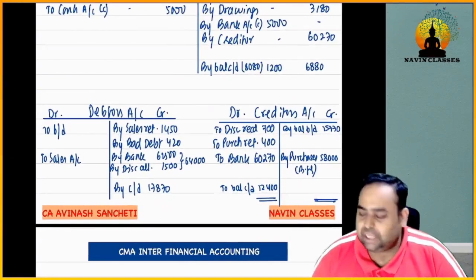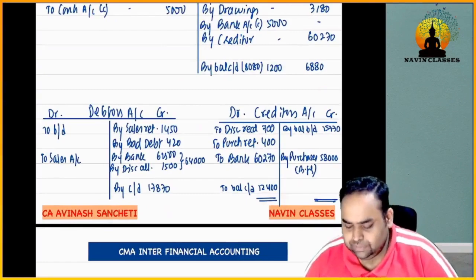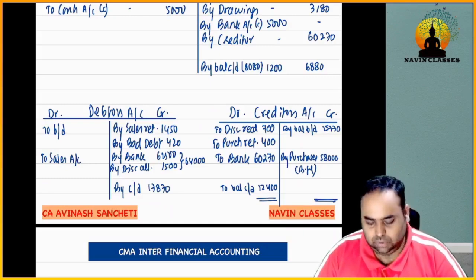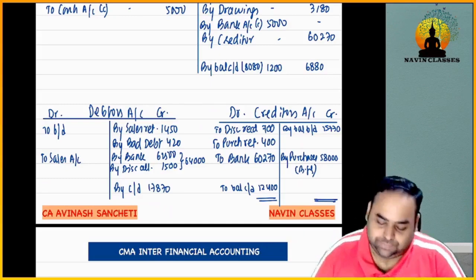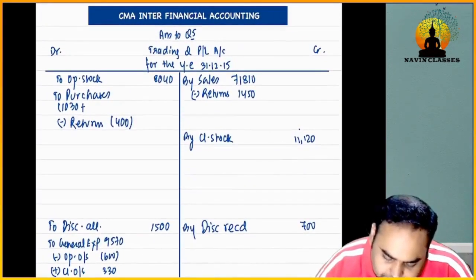Can any student confirm whether the purchases came out to be 58,000? Just check the calculations. Everything else is fine. It's 58,000. These purchases will go to the trading account.